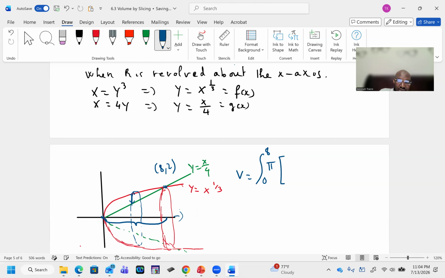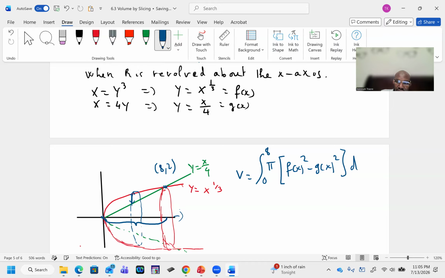So if I use bracket pi, f of x, which is the outer, let me put f of x squared minus g of x squared dx.